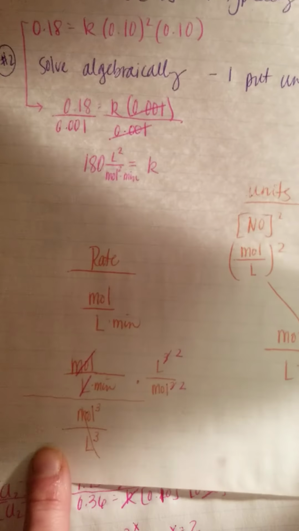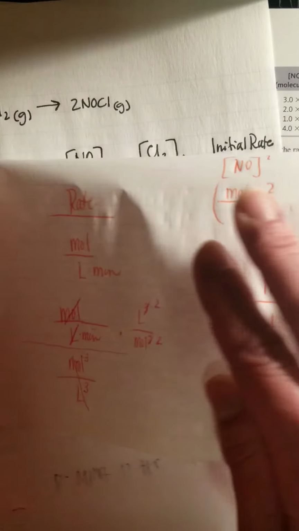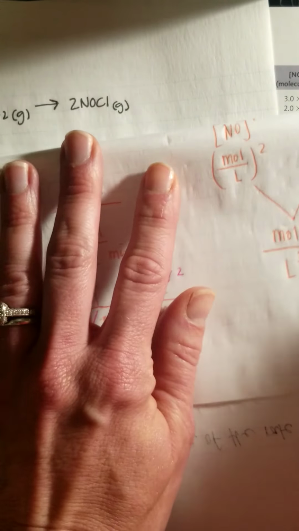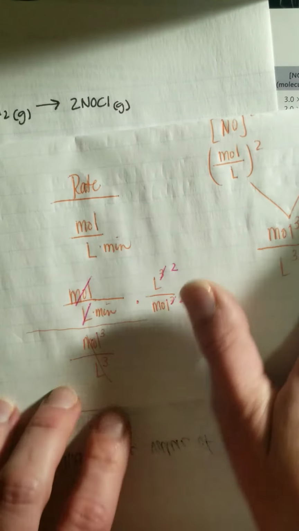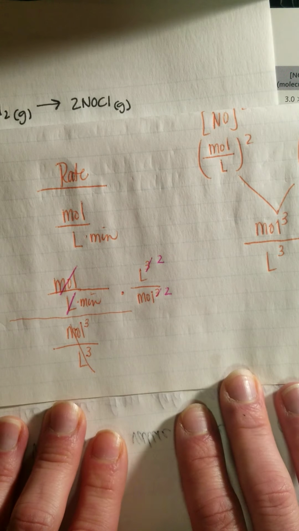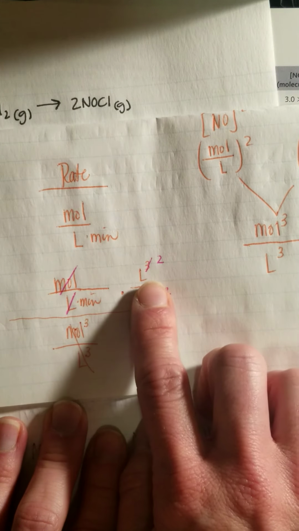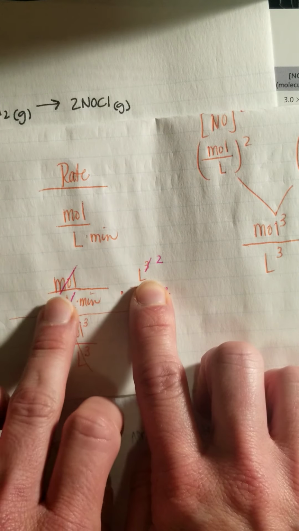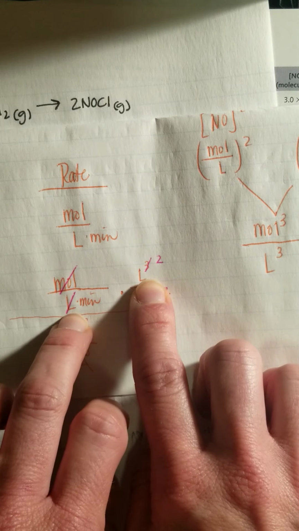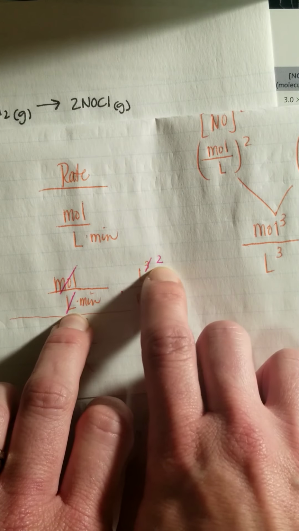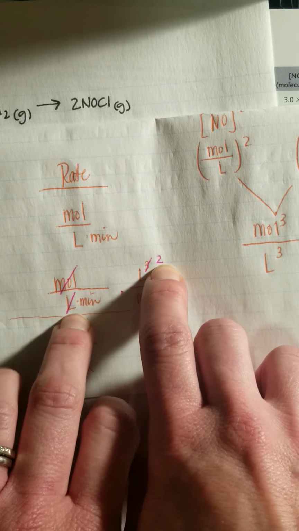Okay, so now what did I do? Flip this. Not insulting anybody's intelligence here, I just want to make sure that you follow along. If this originally was liters cubed, and I have a liter down here on the bottom, then this cubed turns this into a 2.